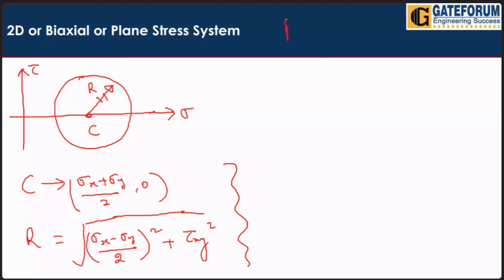Many questions on the center as well as the radius were asked in the previous year question papers for mechanical and civil. Now we have the principal stresses, that is sigma 1 and sigma 2.